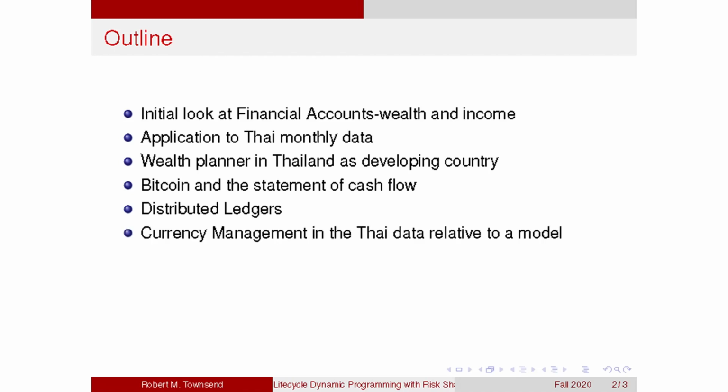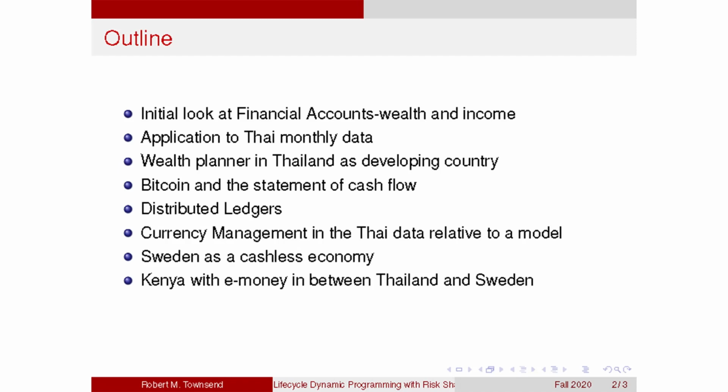And then having introduced that concept, I'll focus on the use almost exclusively of paper currency in Thailand, the use of almost exclusively electronic transfers in Sweden, and something in between in Kenya, which has two different kinds of monies: privately issued e-money from a cell phone provider and a public fiat money, Kenyan Shillings.